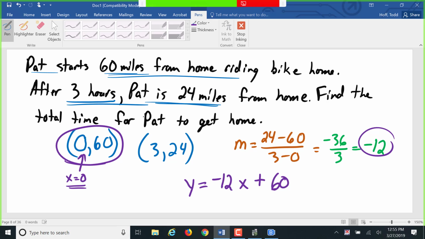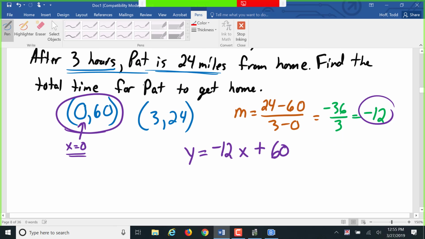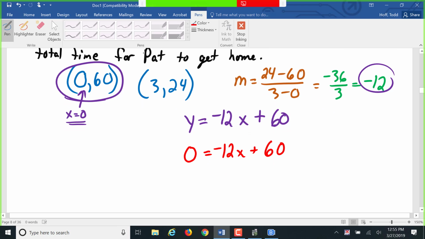What we wanted to know is how much time is it going to take for Pat to get home? The total time. Well, when Pat is home, Pat's distance from home will be 0. So y will be 0. So we have to solve for x, which will be the time at which that occurs.